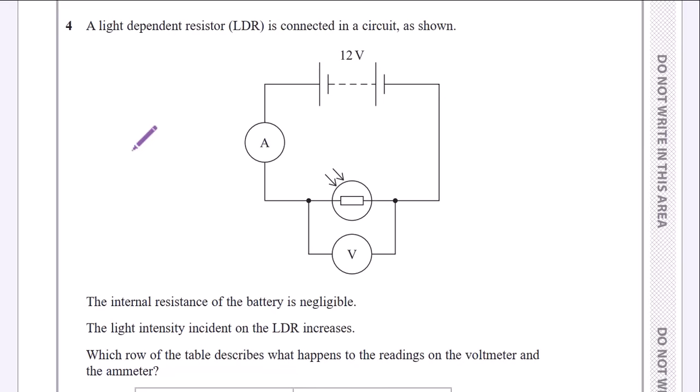So the PD will always remain constant because there are no other components. But as light intensity increases, we all know the resistance decreases. If resistance decreases, the current should increase. So let's check what should be the answer. So the PD should remain the same, the current should increase. Let's see.